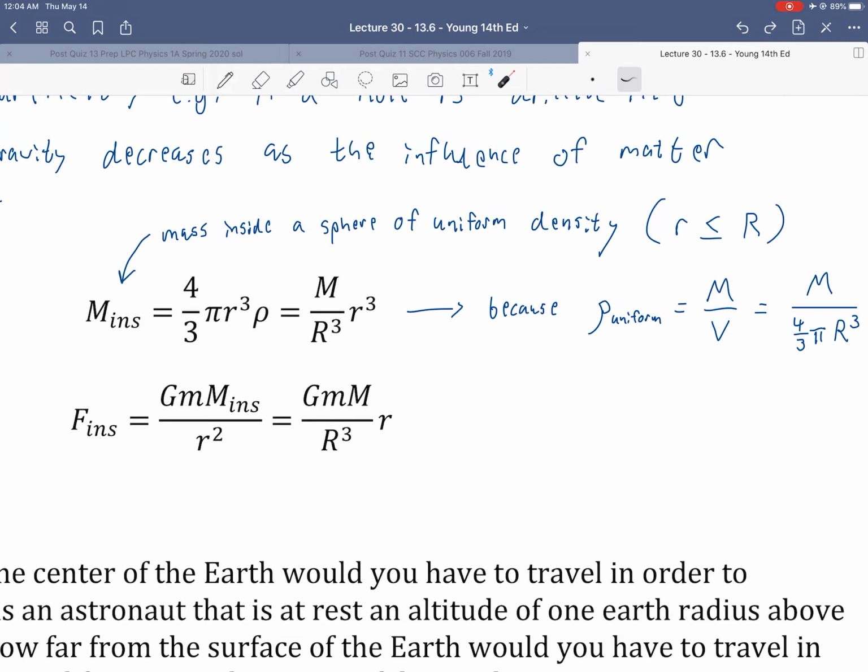If you think about what that would be, you'd cube it, and so what would that be? 1/8. So the mass enclosed would be 1/8 the total mass if r was 1/2 of big R. Because it would be 2 to the third power, and 2 to the third power is 8. So it would be M/8.